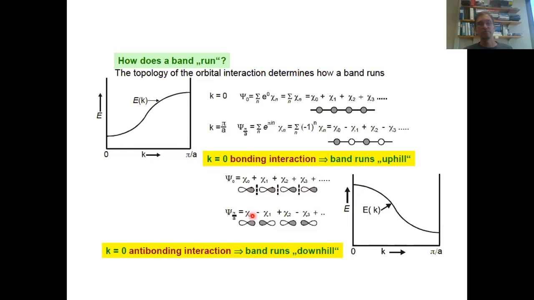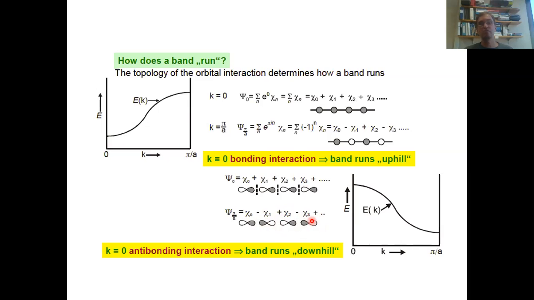Now, what about the position k equal to pi over a? In this case, the algebraic signs of the wave function would alternate. In practice, this means I would have to flip every other p orbital in the crystal orbital.